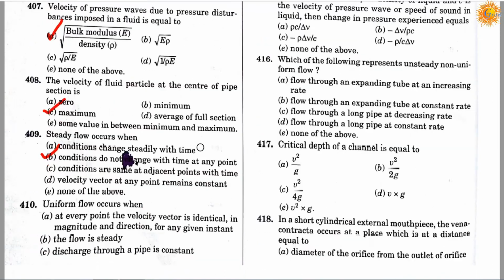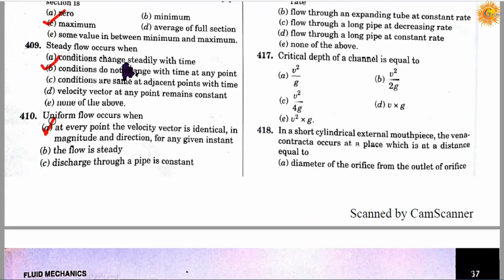So the correct answer is A, it will be at every point the velocity vector is identical in magnitude and direction for any given instant.